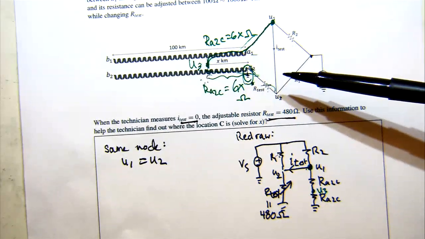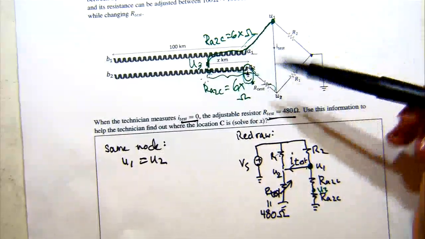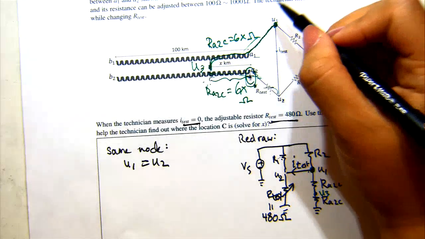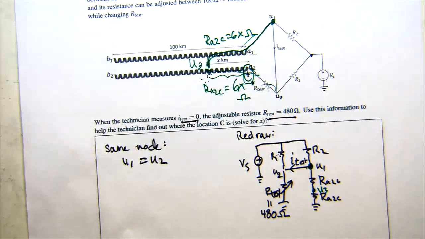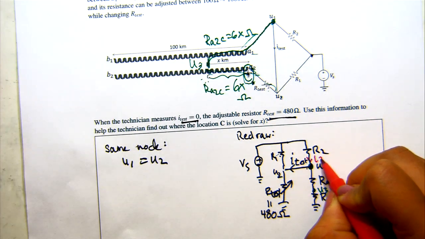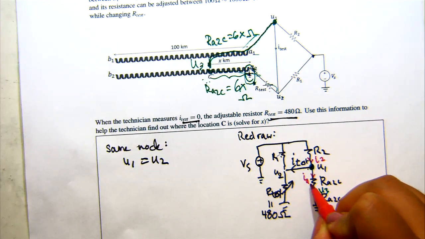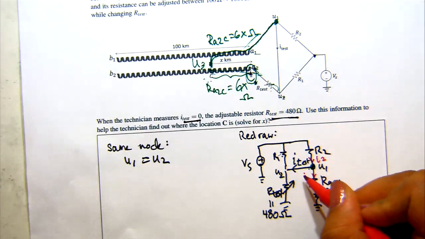For example, if you were to do KCL at this location, it could be that my input current, so maybe I'll go ahead and draw some on here to illustrate. Let me label this I2, IA to C, and I test.